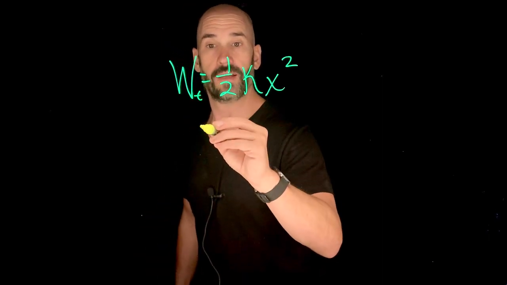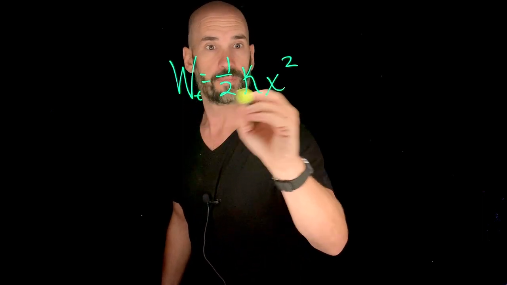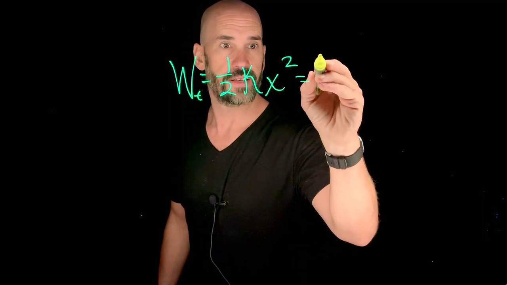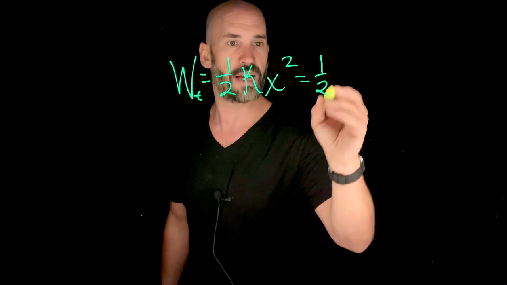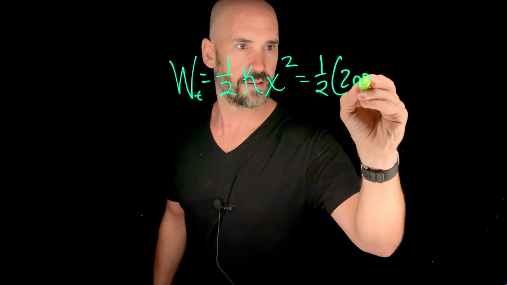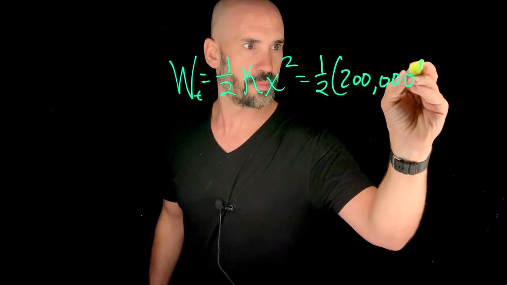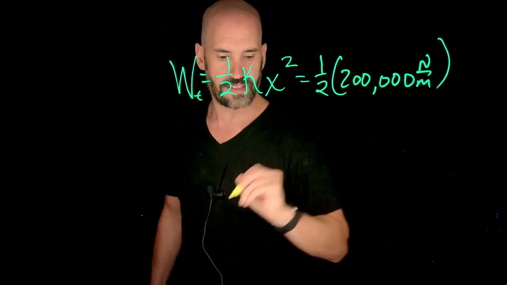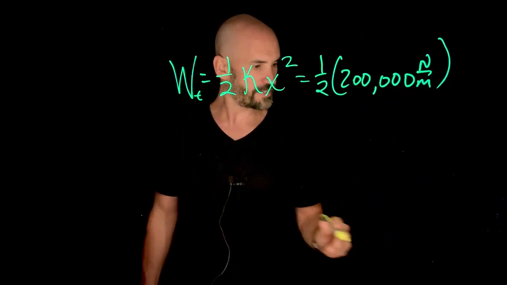Well, we know that the spring constant is about 200,000, give or take, newtons per meter. And I'm saying that the extension was about 4 inches.